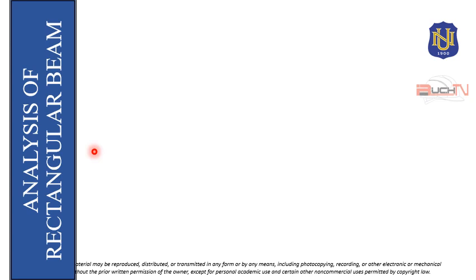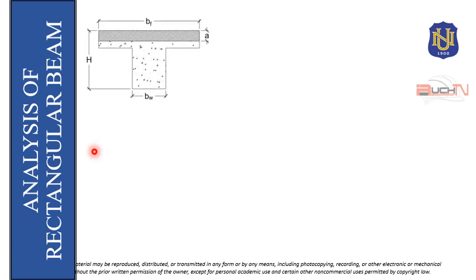Ngayon, magpo-proceed tayo kung paano natin i-analyze yung rectangular beam kapag na-prove natin na kailangan natin ng rectangular analysis. So, kung ito yung beam natin, let's say na-prove natin that A is lesser than or equal to the thickness of slab. Kasi syempre, si area ng concrete is lesser than or equal dun sa area ng flange.